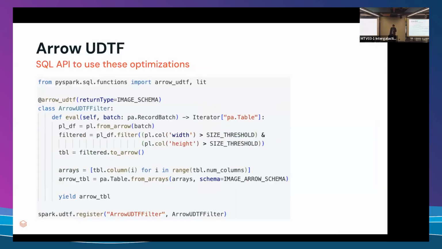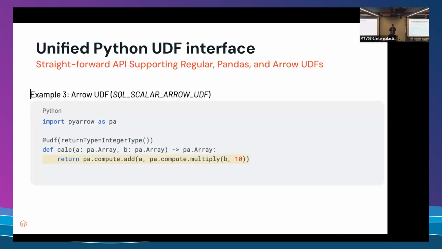And for UDTF, we also add an Arrow syntax. Because there are so many Python UDF types, the legacy Python UDF with row-by-row computation, then the Pandas UDF, and now the Arrow UDF, it's really confusing.